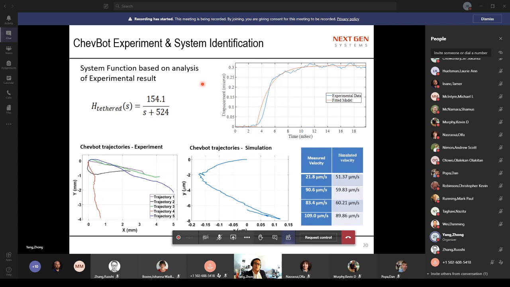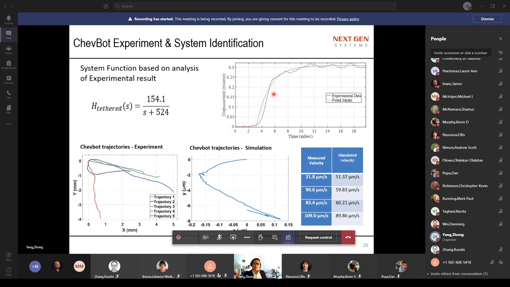So we have also done those experiments. Here is showing you we're collecting data from the Keyence sensor when we're shining the laser on the Shabbat, how this displacement looks.